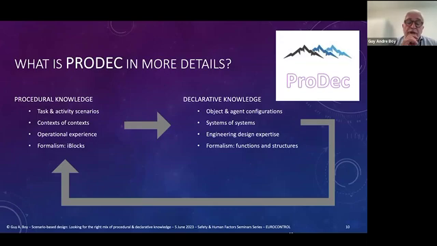And here I need to make a distinction. Sorry, there are lots of definitions in order to define this. But the task is what you need to do, what you want to do, what is prescribed. And the activity is what you effectively do. So in fact, in the first place, you are only capable of developing task scenarios.